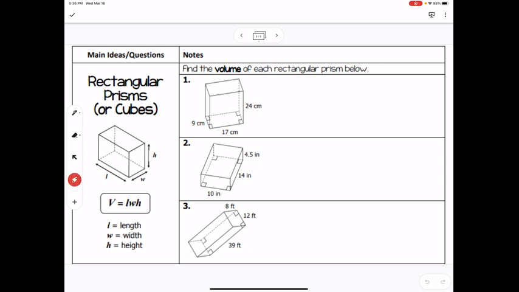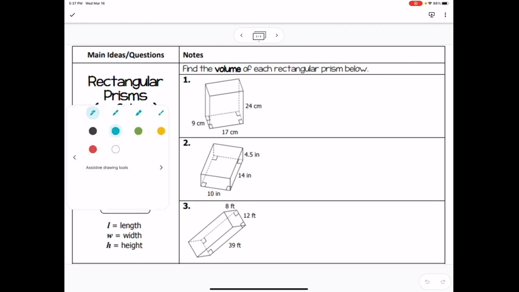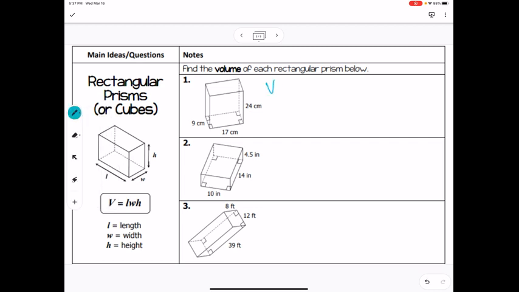Very simple formula we have here. Volume equals length times width times height. Maybe you're familiar with that one. With a rectangular prism, length, width, and height really can be assigned interchangeably. So I'll say 9 is my length, 17 is my width, and 24 is my height.